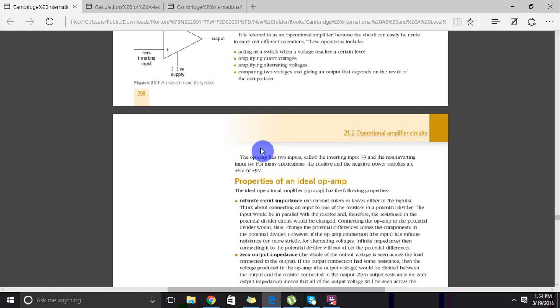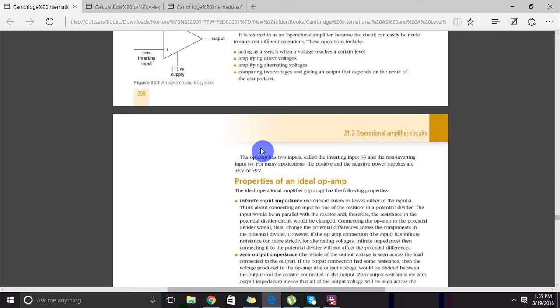Be careful about the spelling of impedance, I get it wrong. Then in a bracket you can write: no current enters or leaves the op amp, right?